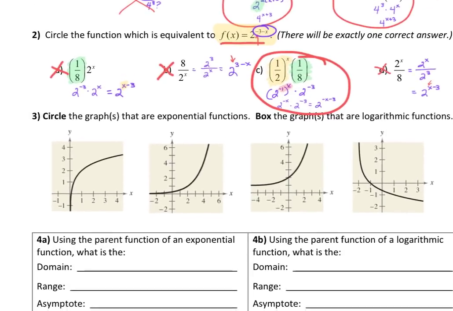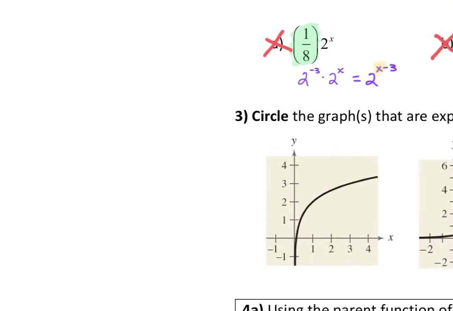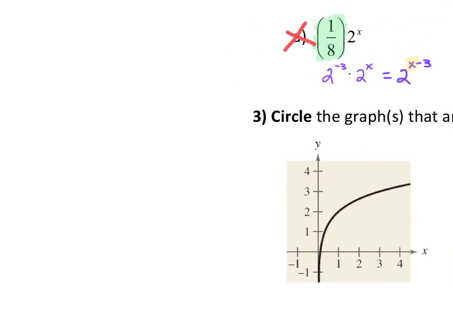In number 3, you need to be able to distinguish between exponential graphs and logarithmic graphs. And remember that the difference, and you might want to make a note to yourself here, sorry, I clicked the wrong thing, and you probably couldn't see it.